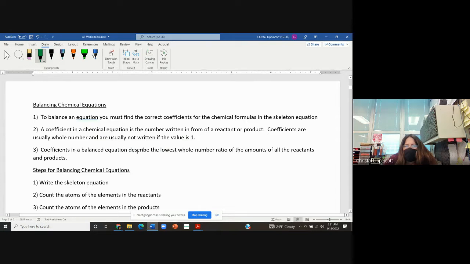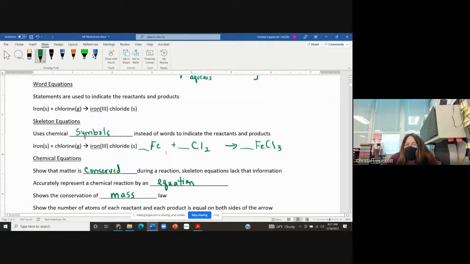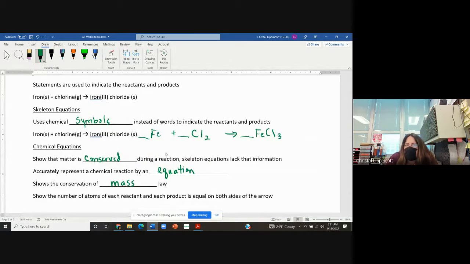Coefficients in a balanced equation represent the lowest whole number ratio. I will take points off if you balance these and don't have it that way.